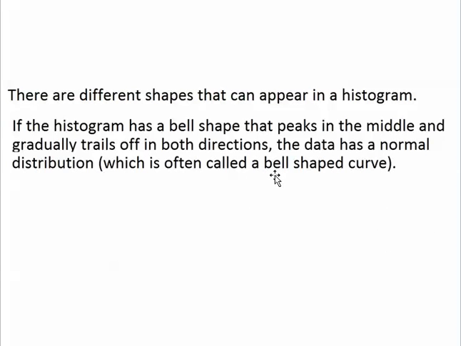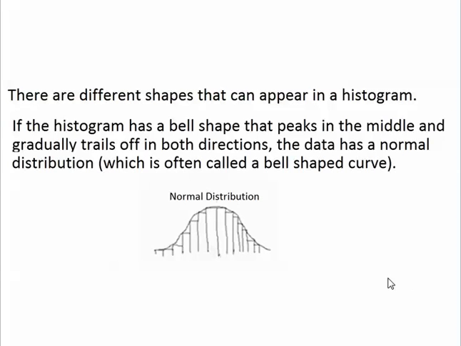We've all probably heard of what a bell-shaped curve means. It's just a shape that looks like a bell that goes up, peaks in the middle, and then goes back down again. So this is a normal distribution, or a bell-shaped curve. Or it's my best attempt to draw a picture of a normal distribution.